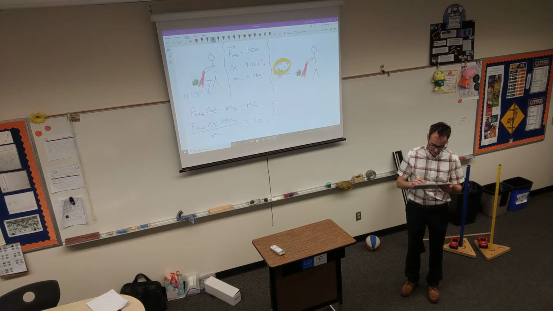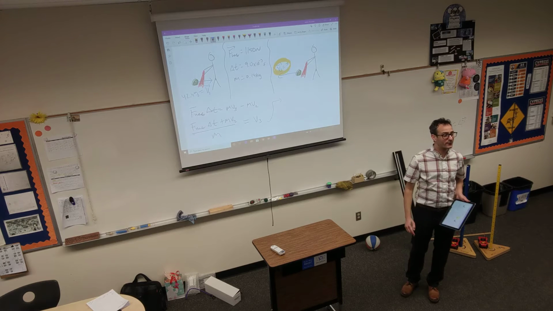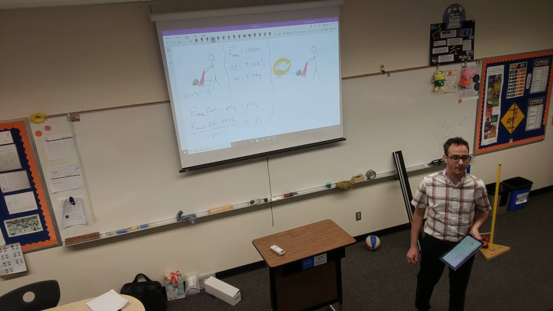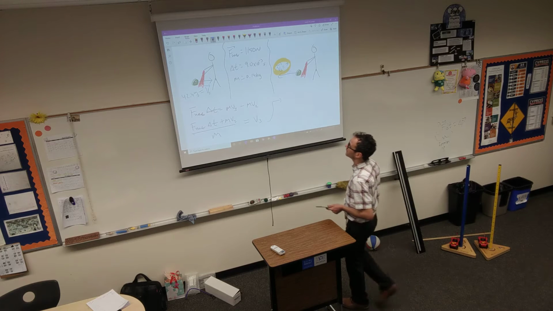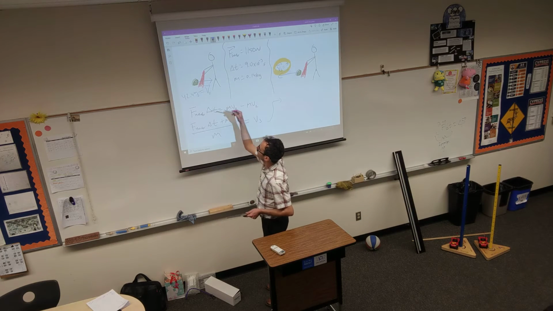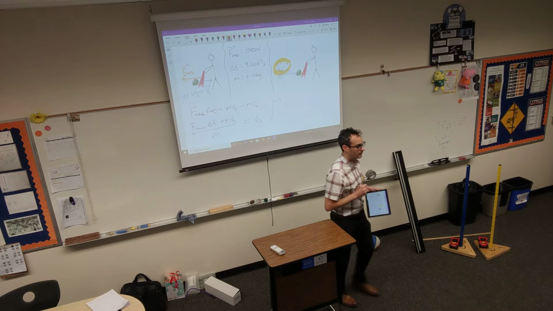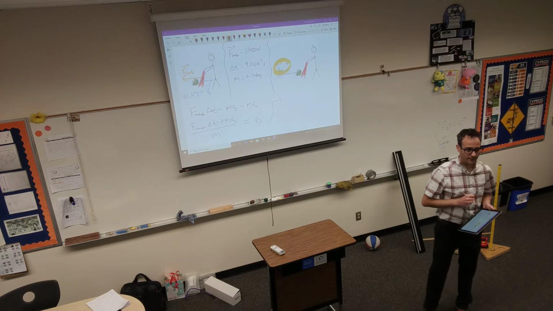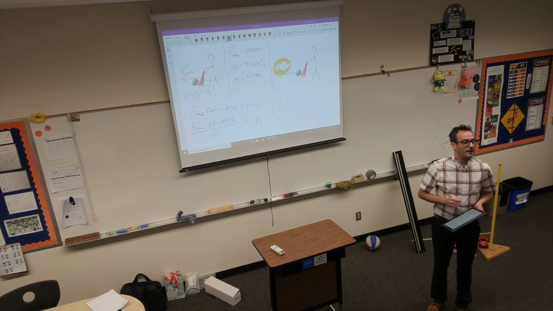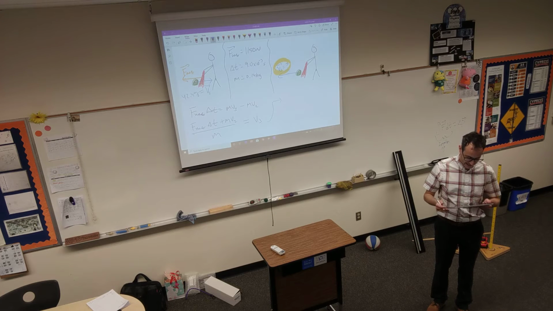Bringing all this over here, it's going to be F net. Now, this is why it's important to draw a diagram. Which way is my impulse pointing? The bat is exerting a force that way. Does momentum care about direction? Yeah, it does.